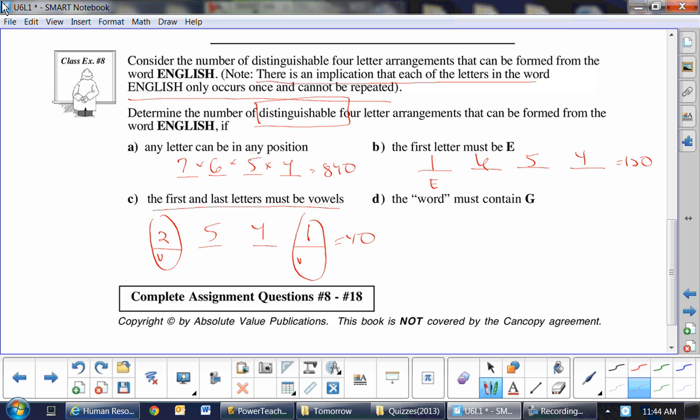Now, this one's fun. The word must contain a G. That means G can be on any blank. So if I make the first one 1, that means G is only here. Is this the way we would do this one?